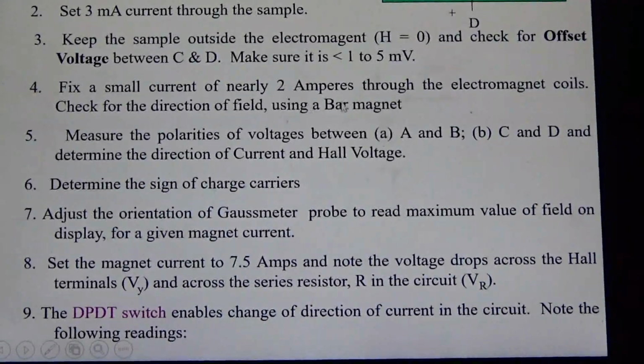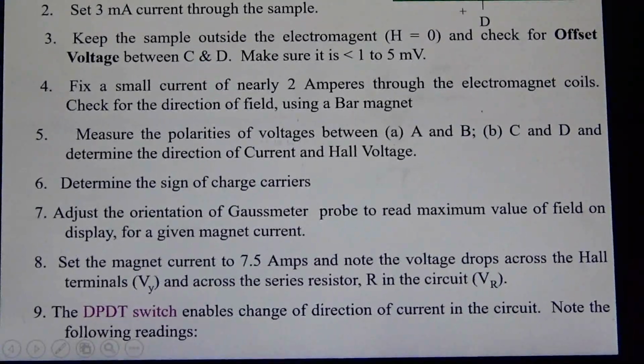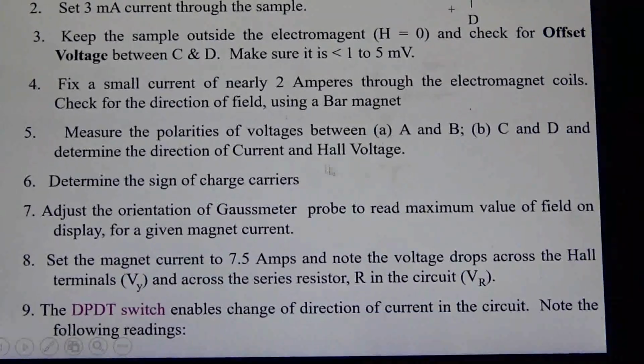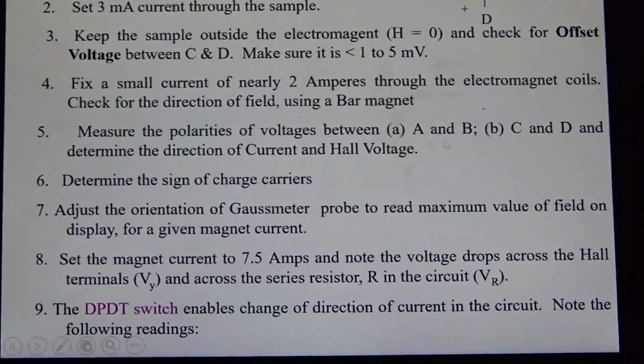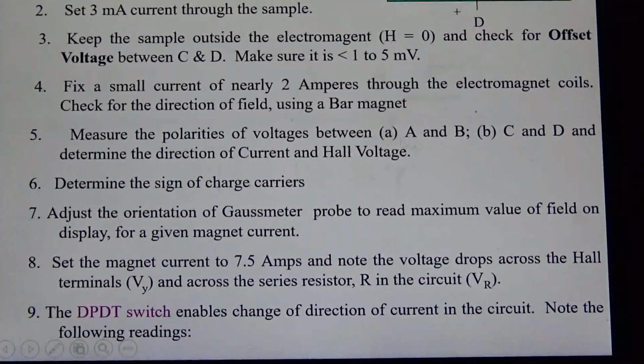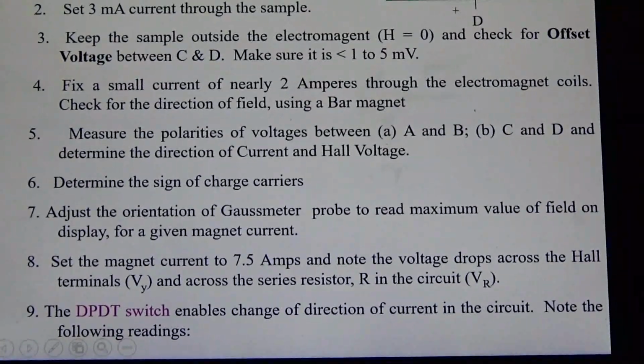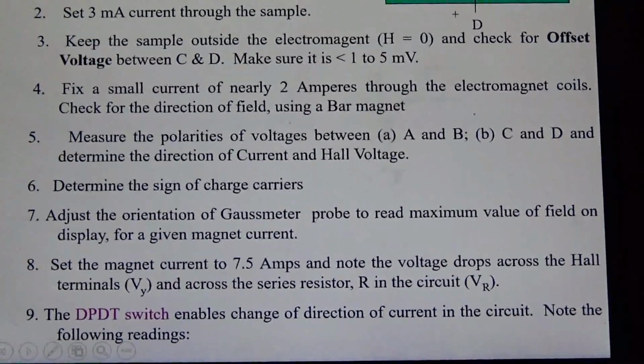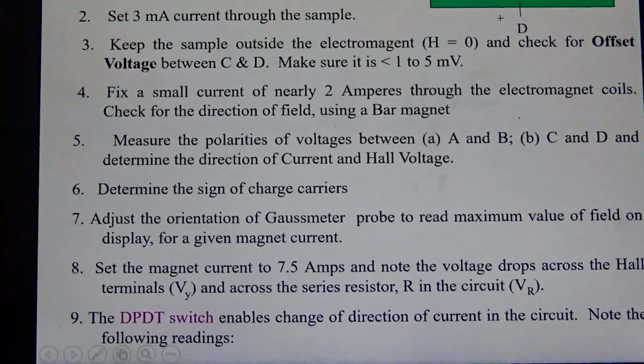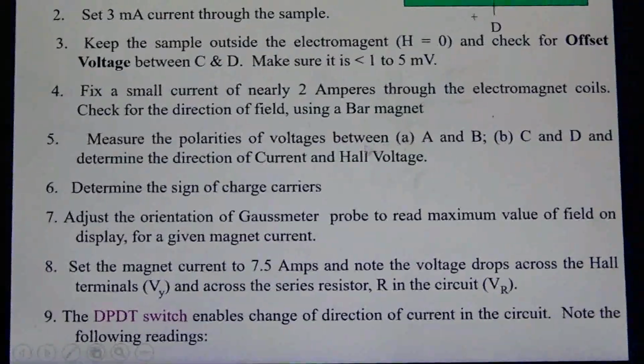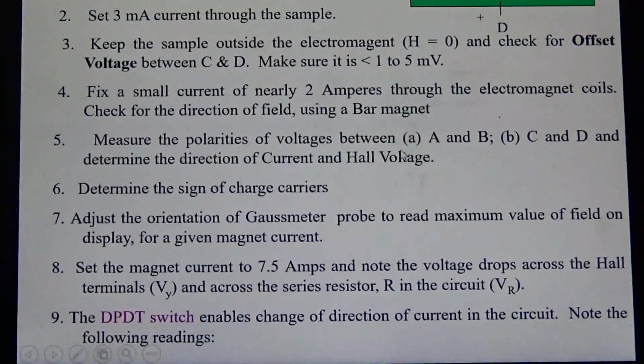So I can set up the magnetic field direction. Once I know the direction of the magnetic field, if I measure the voltage between C and D and its polarity, I can determine the nature of charge carriers.